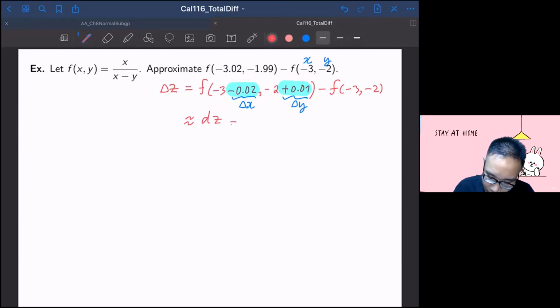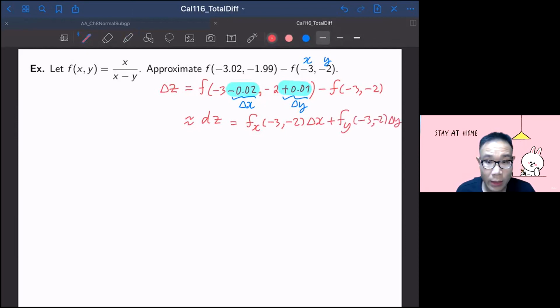And dz turned out to be fx at (-3, -2) times delta x plus fy at (-3, -2) times delta y accordingly. So this will be the formula. So we need fx at (-3, -2) and fy at (-3, -2).